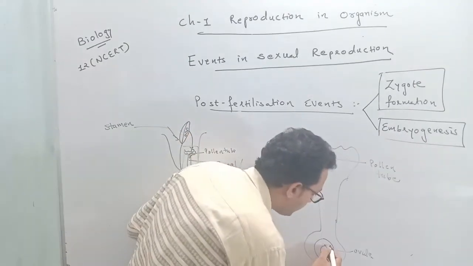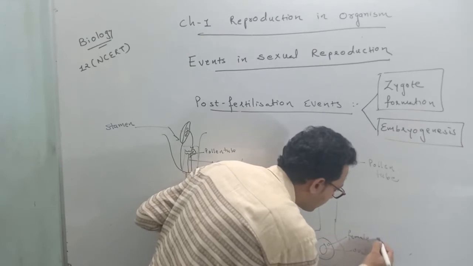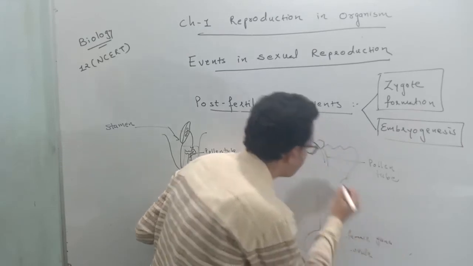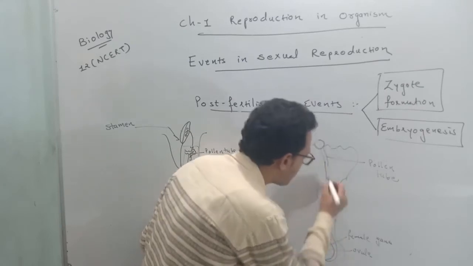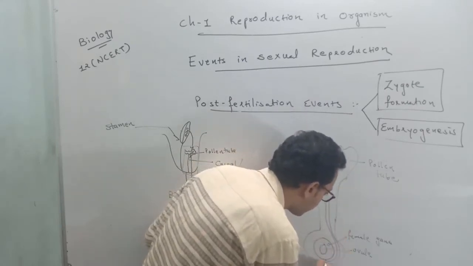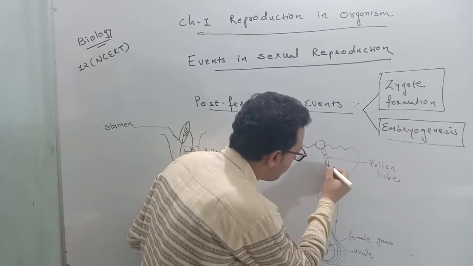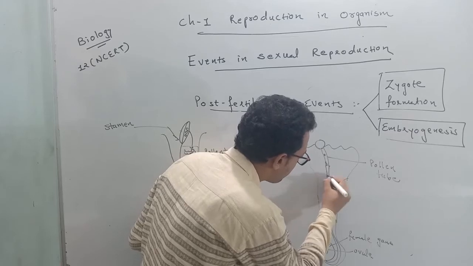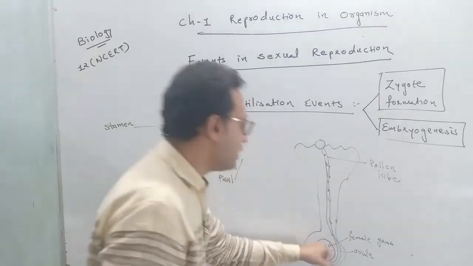It also contains a female gamete. The pollen tube enters into the ovary. It contains male gametes. These male gametes are going to be transported down.